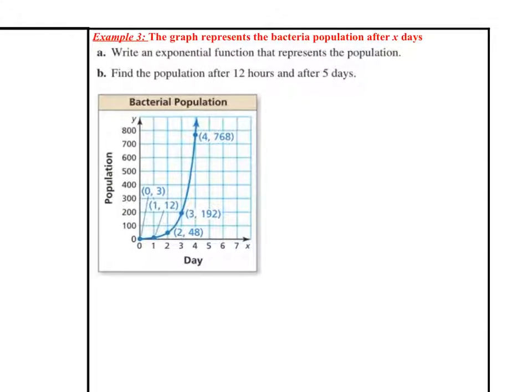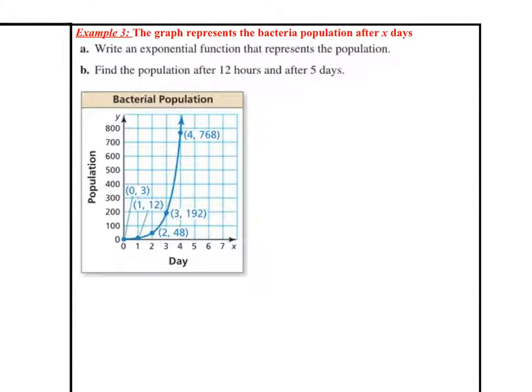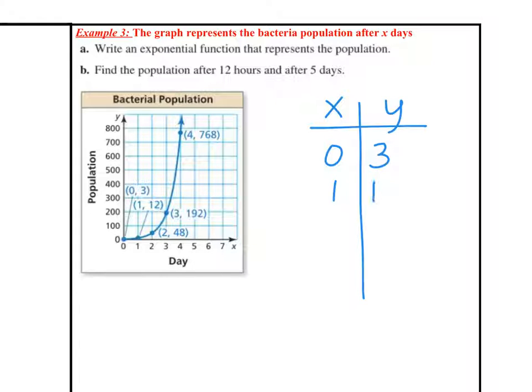It's asking you to write an exponential function for this. So let's make a table. X, Y. My first point is 0, 3. My next point, 1, 12. Fill in the rest. You've got 5 points on this graph that are labeled for you.